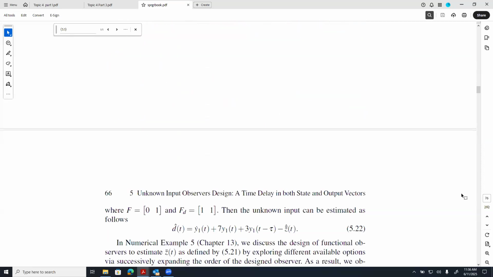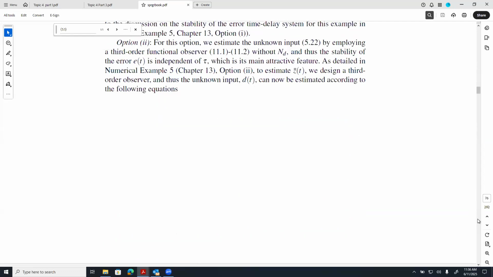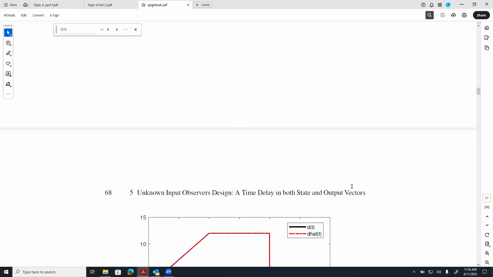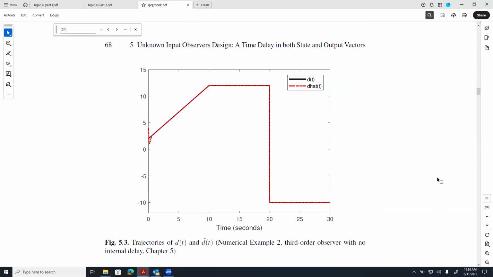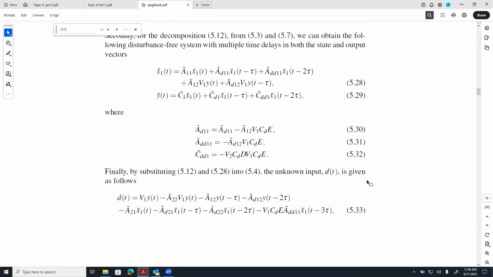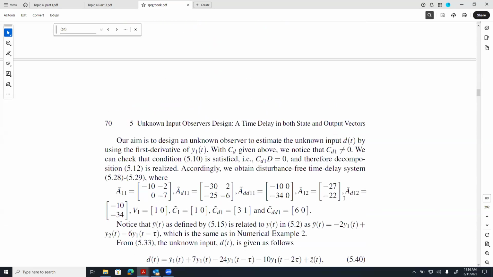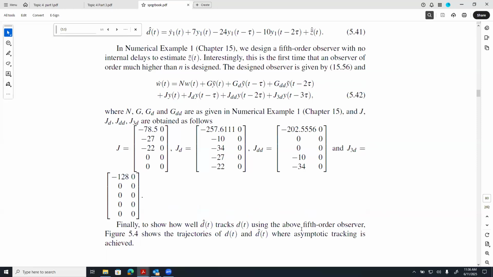So we are then able to achieve the unknown input estimation for time delay systems where the output matrix CD is non-zero.